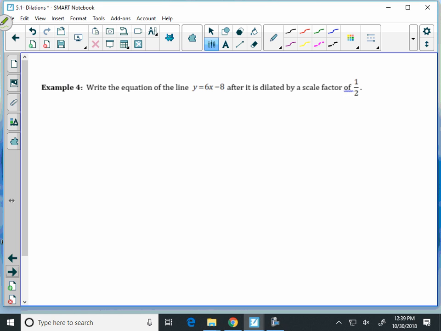And what do we know about parallel lines and their slopes? They're the same. So if the slope of the original line is 6, what's the slope of our new line going to be? 6. So whenever you're dilating a line, the slope of the original figure will be the same as your new line, because they're parallel. The slope didn't change.